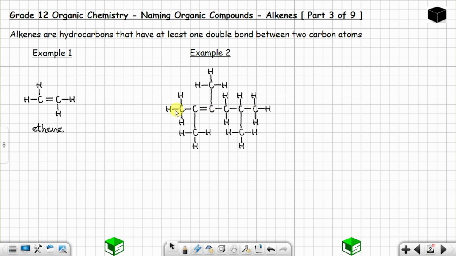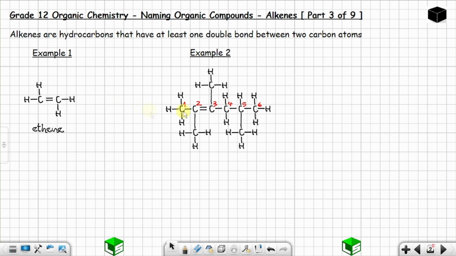So the best numbering is from left to right, 1, 2, 3, 4, 5, 6, with the double bond on carbon number 2. You have to get the lowest possible number, so the priority goes to the double bond because the double bond is the functional group for alkenes.